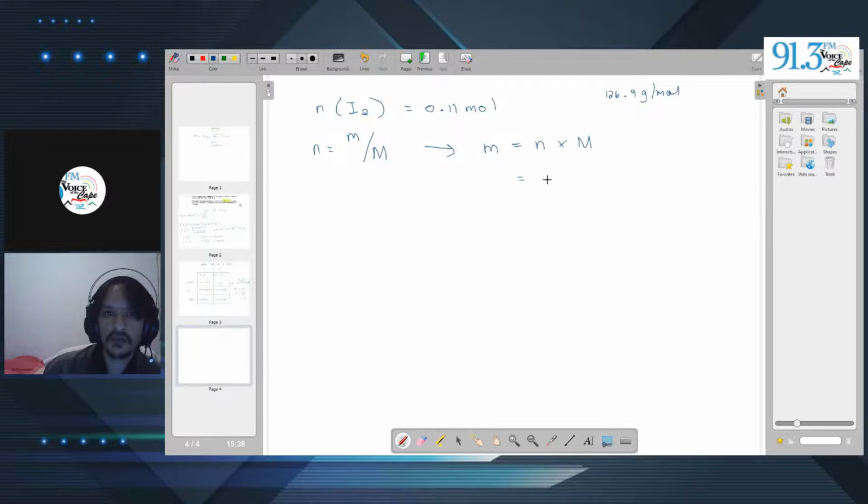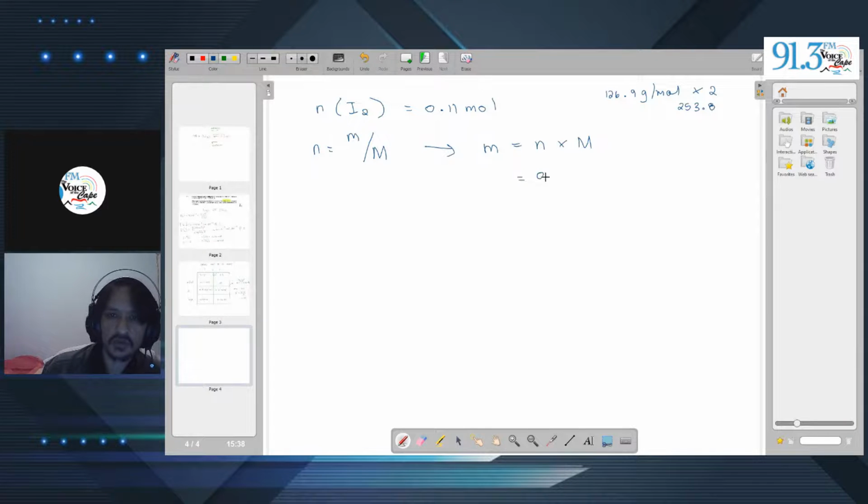Therefore, for the iodine molecule, remember, we have 2 of those, so 126.9 times 2 is going to give us a value of 253.8.